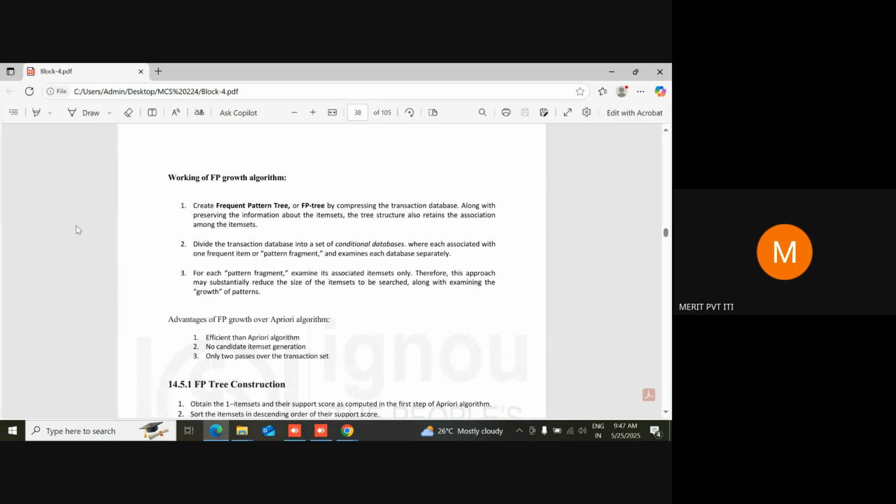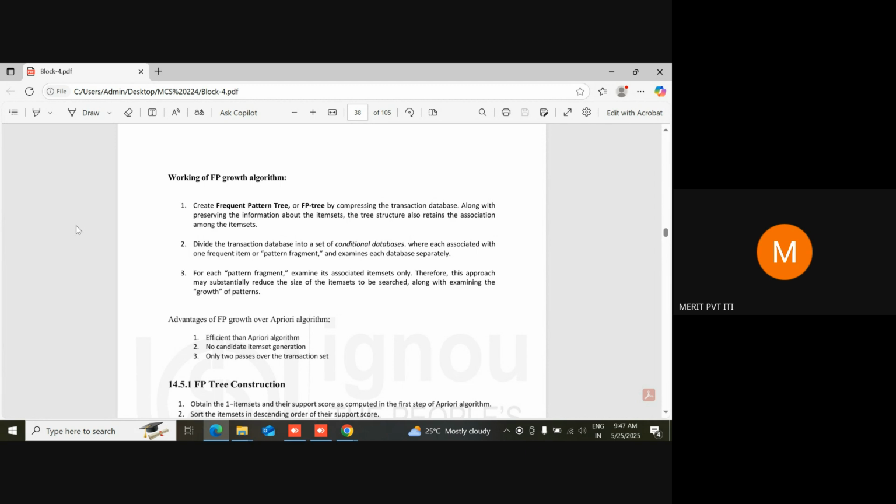Divide the transaction data set into a set of conditional databases, where each is associated with one frequent item or pattern fragment. Take one frequent item, or pattern fragment, and examine each database: if bread is frequent, take it; if butter is frequent, take it with butter. For each pattern fragment, examine its associated item set only. Therefore, this approach may substantially reduce the size of the item set to be searched, along with examining the growth of the pattern.